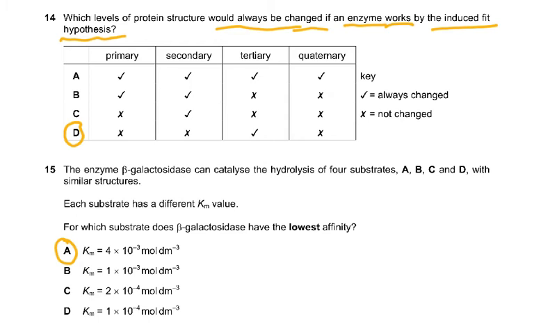The enzyme molds around the substrate. So if the enzyme molds around the substrate, then primary structure is not going to change, secondary is not going to change, the tertiary will only change because only the 3D structure adapts a little to the substrate. So the answer was D.